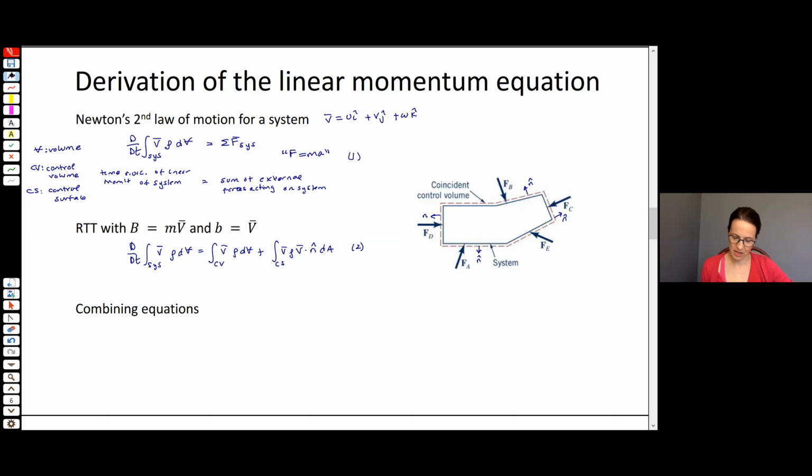Just noting again that at this moment in time the control volume and the system are coincident. So what does that mean? That means the sum of the forces on the system is the same as the sum of the forces on the contents of the control volume.